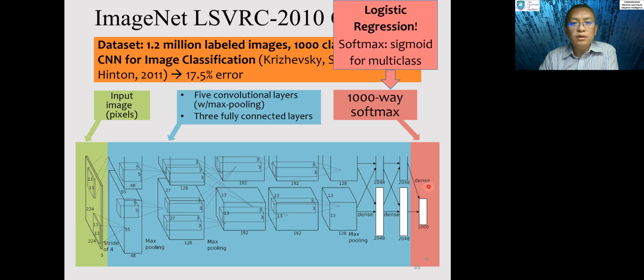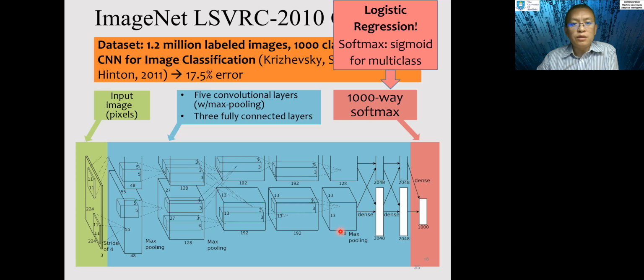And then what's in between? In between are 5 convolutional layers with max pooling, that is here 1, 2, 3, 4, 5.